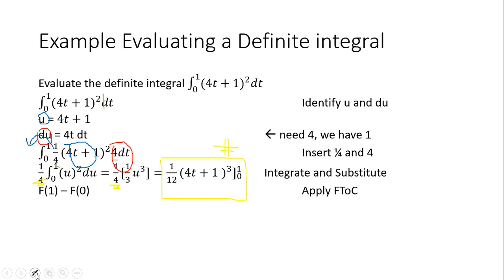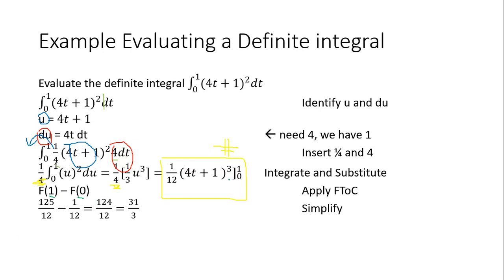So what I'm doing is I'm applying the fundamental theorem of calculus to this. I'm plugging in 1, and then I'm plugging in 0, and then I'm subtracting those two evaluations. So I have 125 over 12. I have 1 times 4 is 4. 4 plus 1 is 5. 5 cubed is 125. 125 over 12 minus, okay, so that's the evaluation at 1.